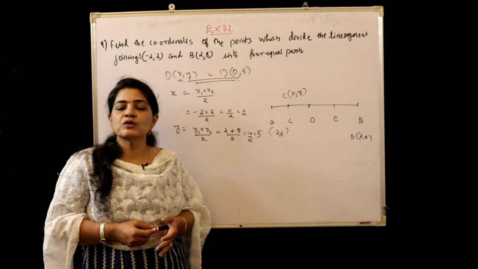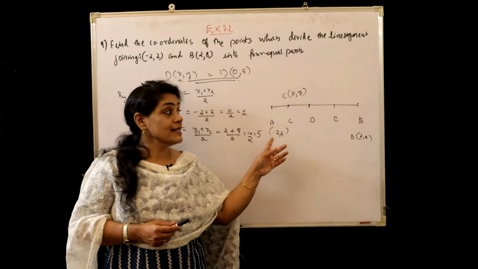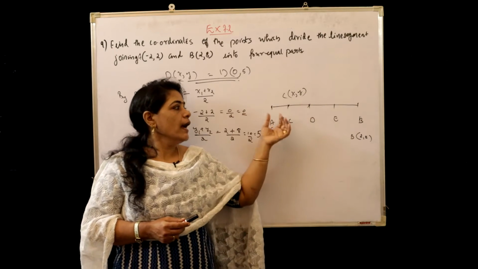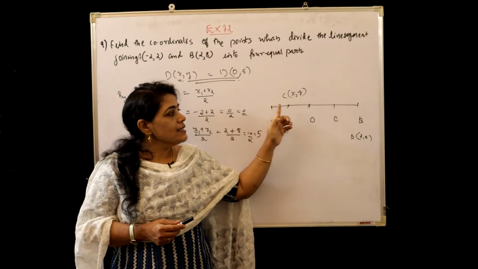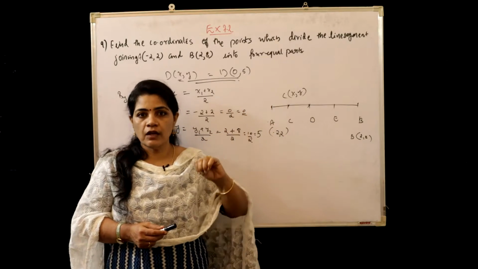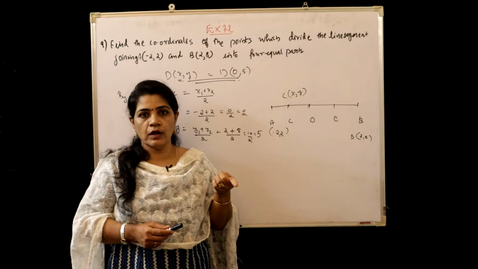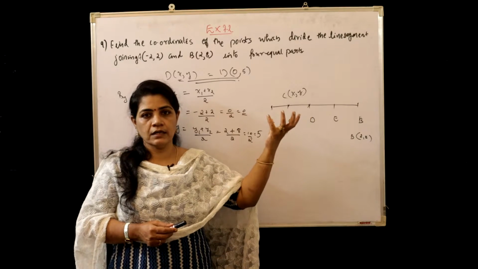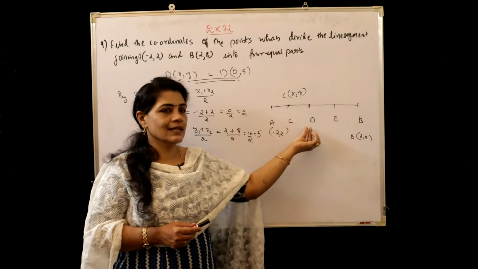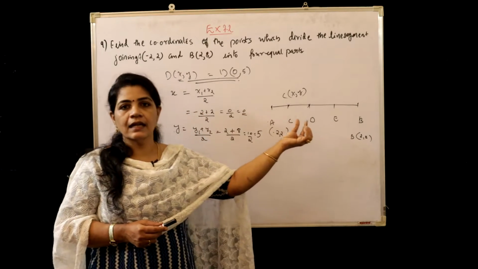So our next aim is to get the coordinates of C and E. And for that, to get the coordinates of C, since AB gets divided into four equal parts and D is the midpoint, because on either side of D you can see two parts, that is AC and CD, and here DE and EB.